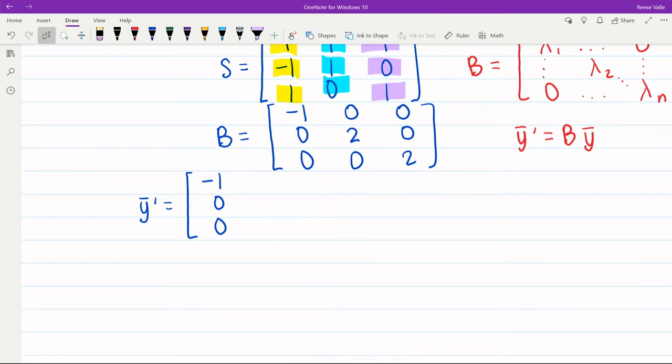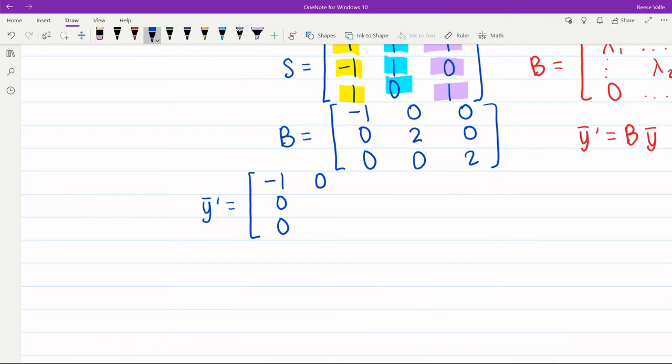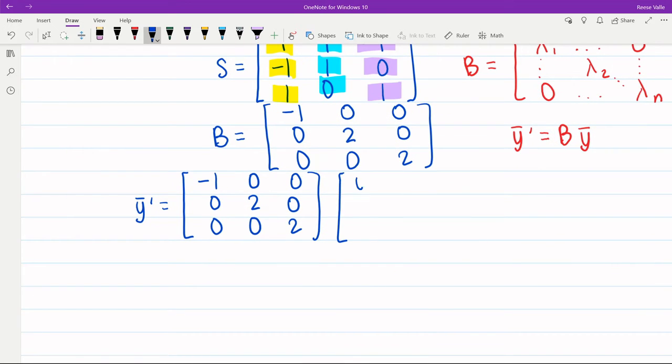So it's -1, 0, 0, 0, 2, 0, 0, 0, 2 times the y vector of y1, y2, y3.